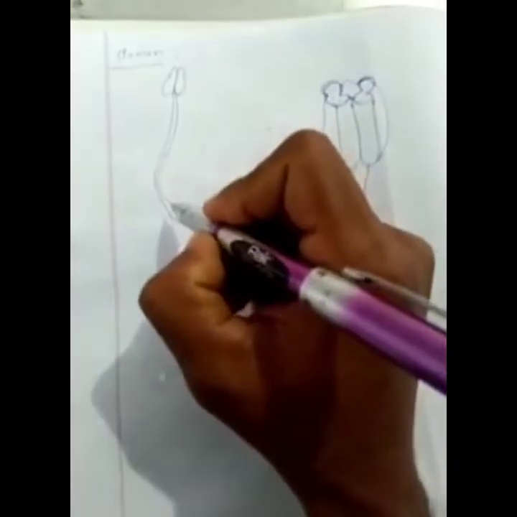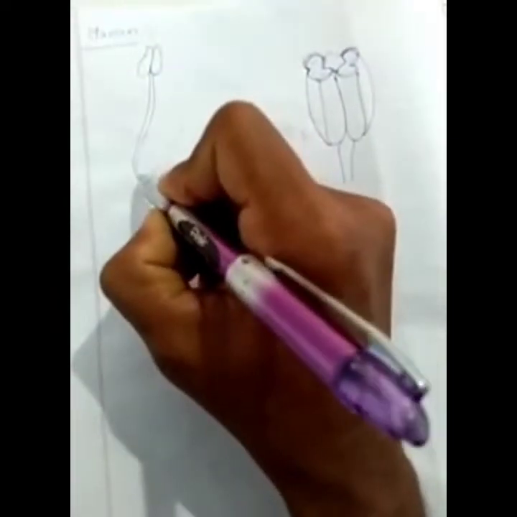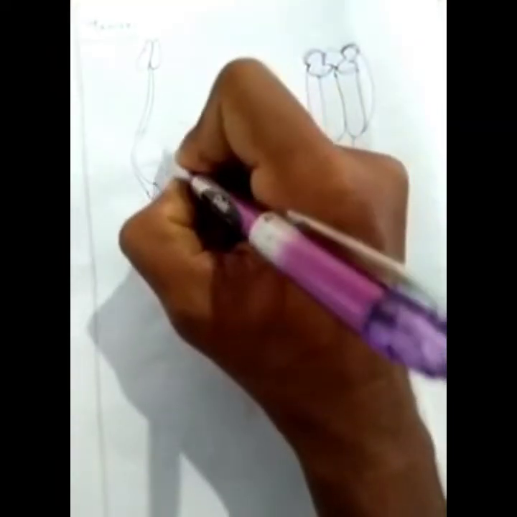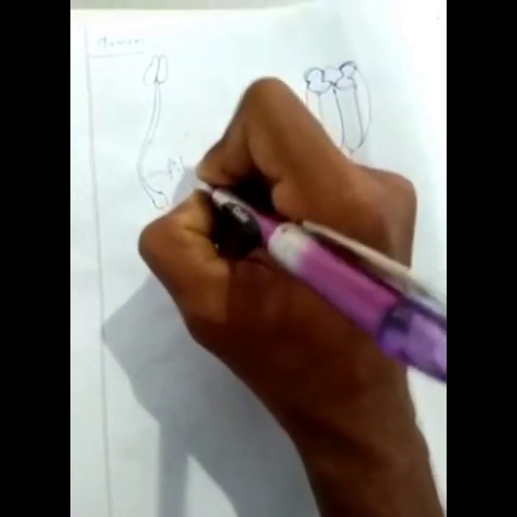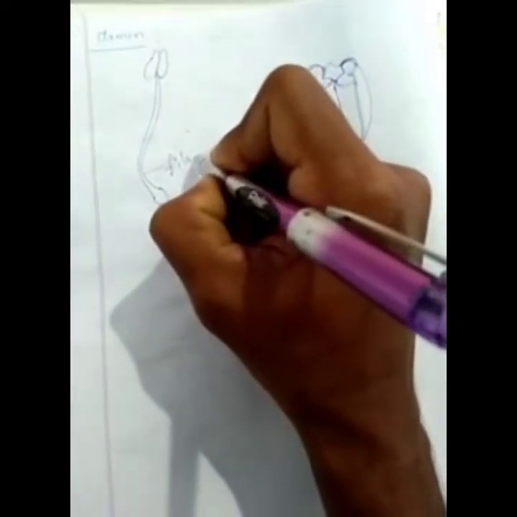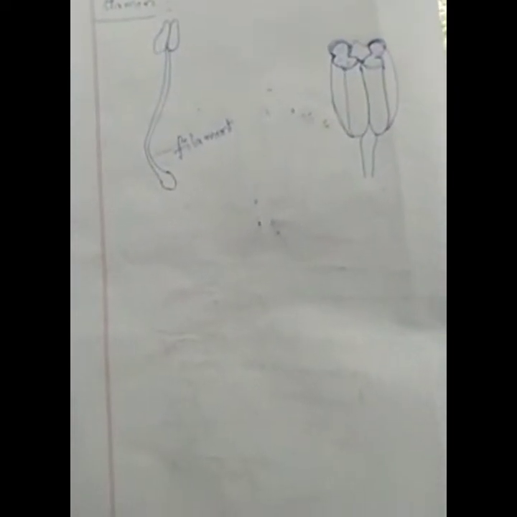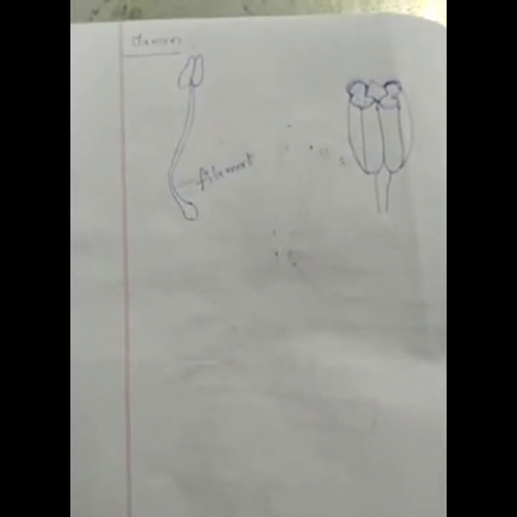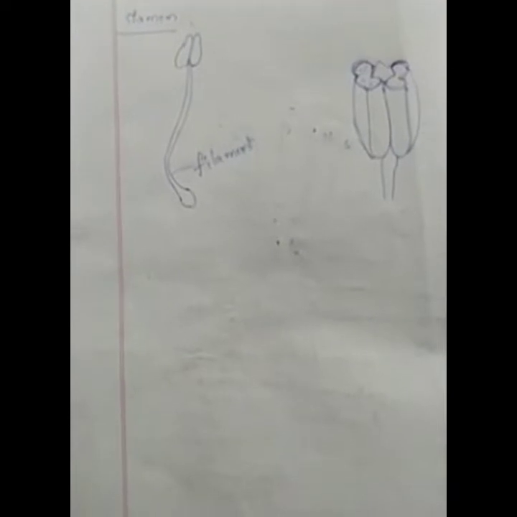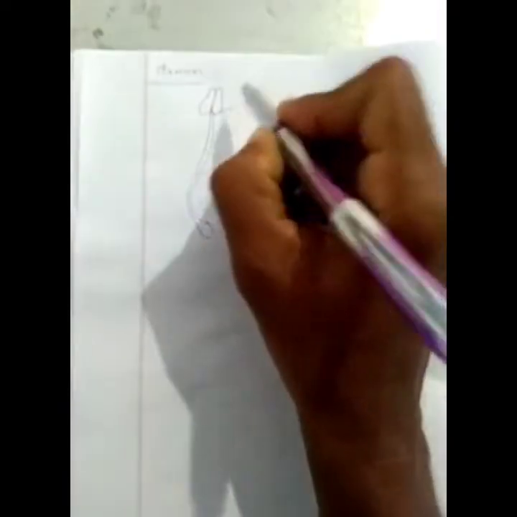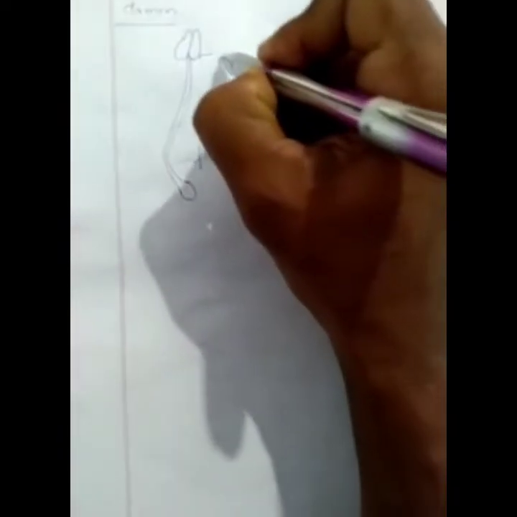One, the slender part, we call the filament, and the upper swollen part we call the anther.